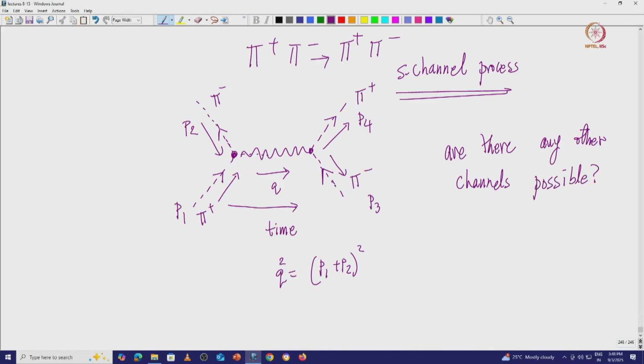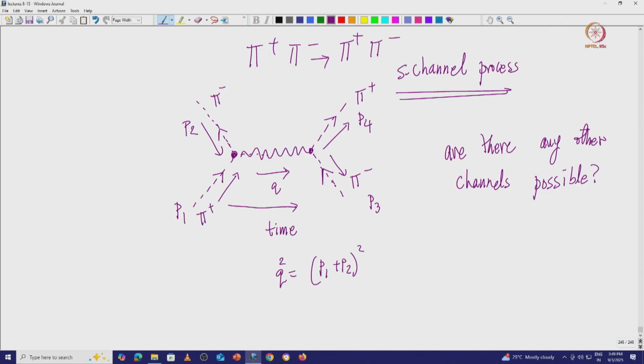Now, can you think of diagrams with external pi plus and pi minus such that they exchange a photon and still give you the scattering, whether a pi plus can go in time and a pi minus can go in time, without the momentum exchanged, which is in a different direction essentially? Is that possible?